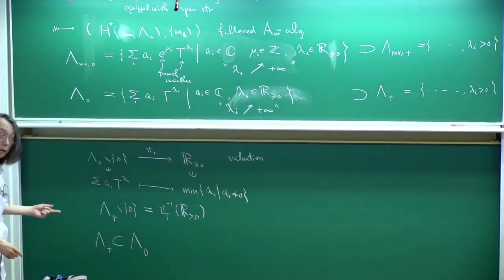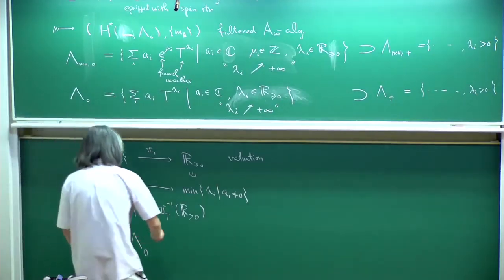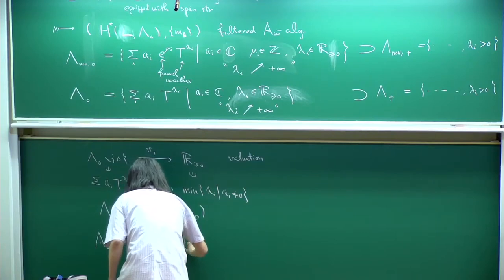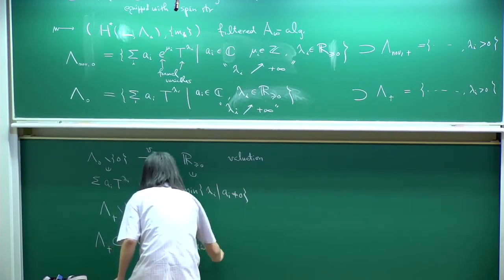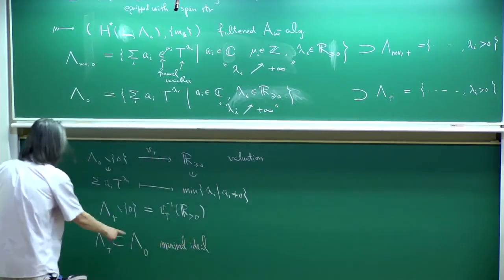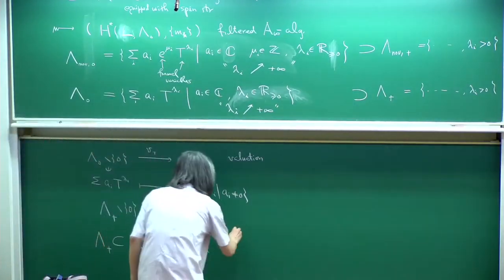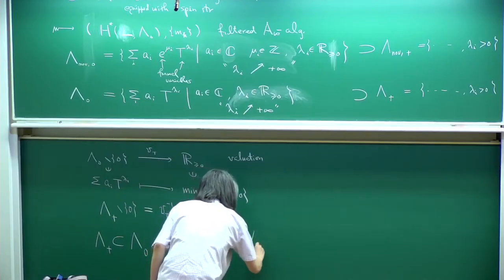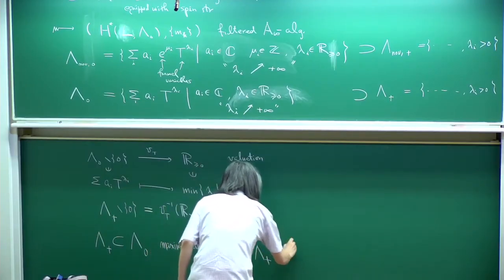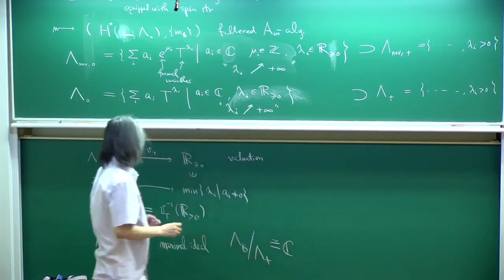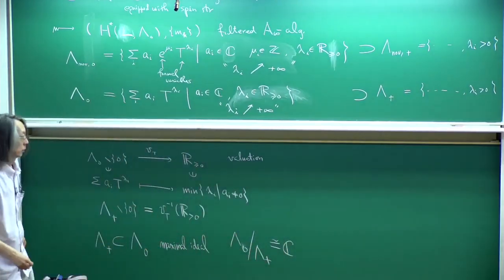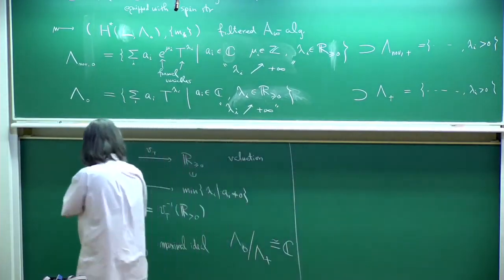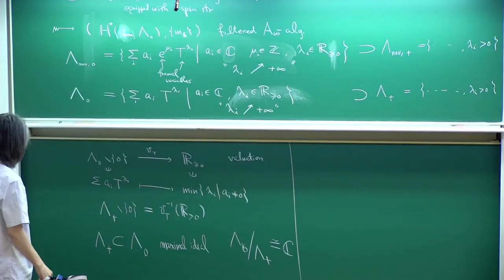This is certainly an ideal, but actually a maximal ideal, because the difference is only the constant term. If you mod out Lambda_0 by Lambda_+, it is isomorphic to the complex numbers, so it is a maximal ideal. And actually it is the unique maximal ideal, so it is a local ring.